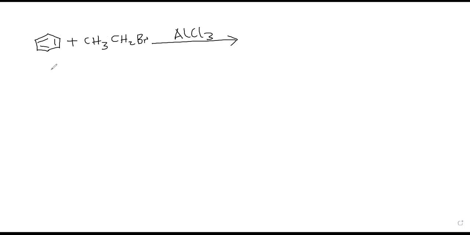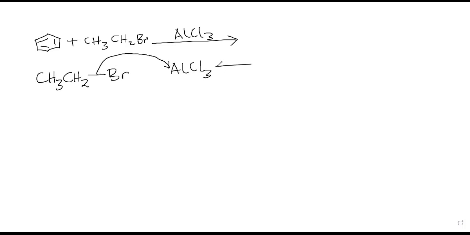What we do, we shall first react the haloalkane with aluminum chloride to generate a carbonium ion, or what we call an electrophile. So we shall have CH3CH2Br, and we react it with aluminum chloride. This reaction will lead to the formation of, since the bromine has been removed, this compound left is unstable.